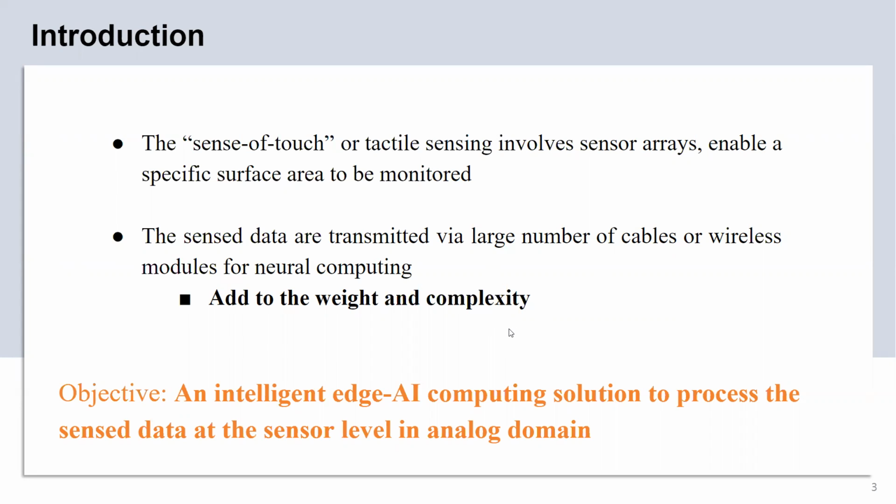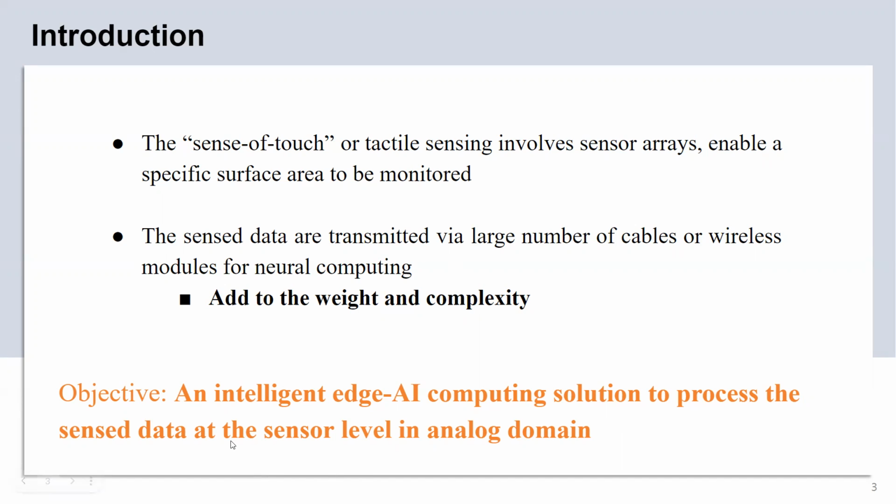So the main objective here is to propose device intelligence at the sensor level, which is not investigated before in the literature. So our main objective is to design an intelligent edge AI computing solution to process the sense data at the sensor level in the analog domain.